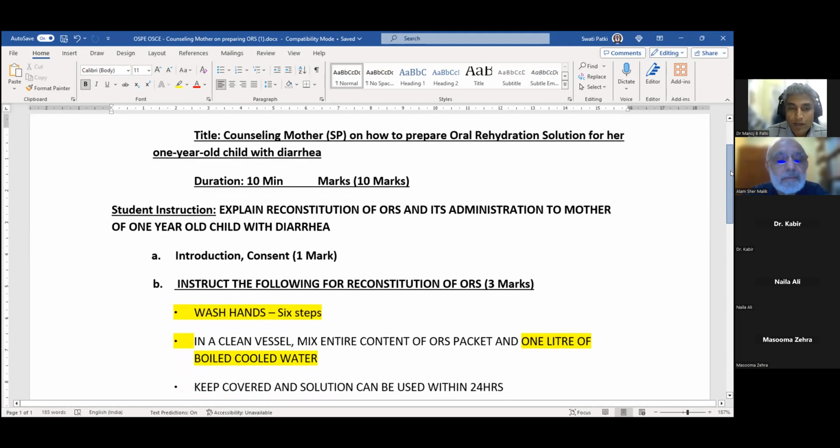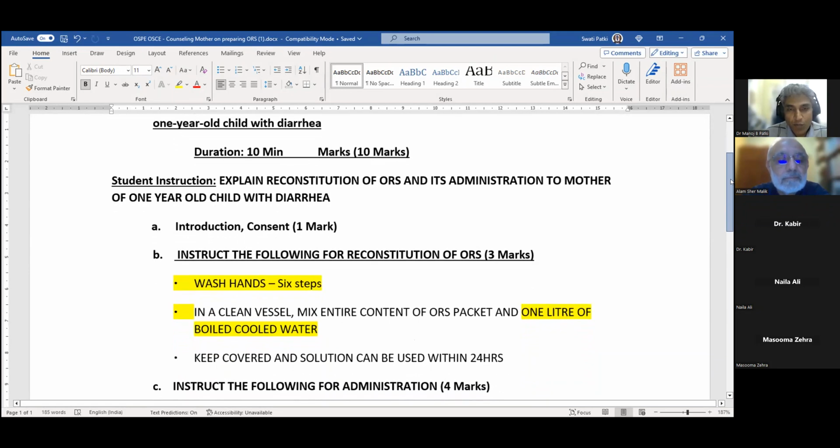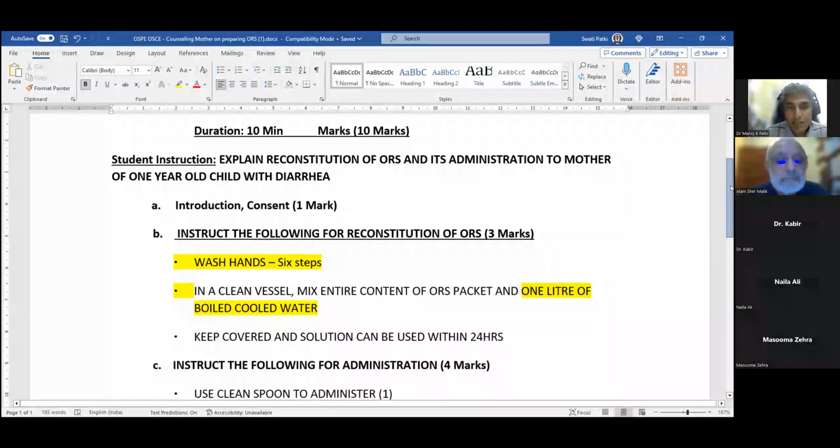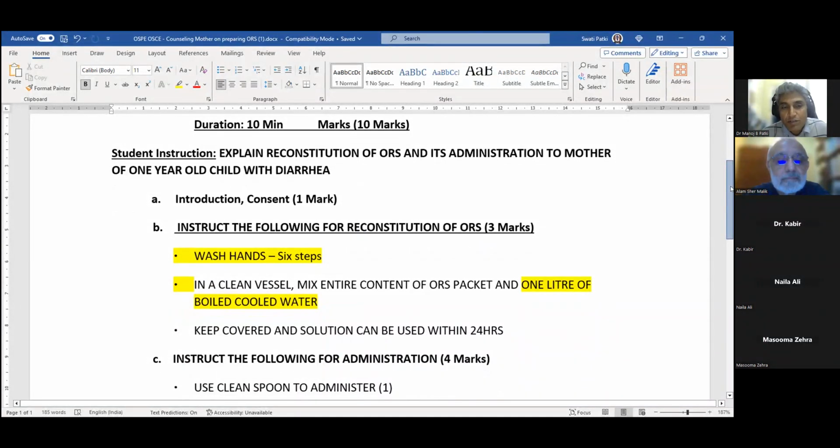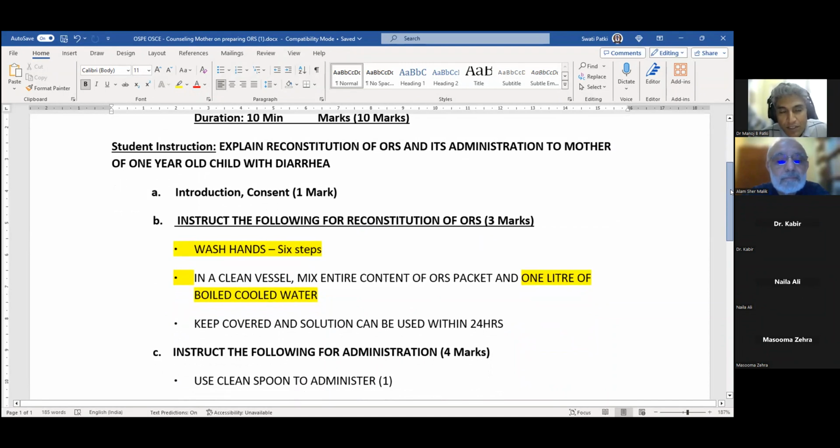Greeting and introduction, consent, 1 mark. The second step is instruction. We have divided it into 4 phases, sir. The second phase is instruction following the reconstitution of the ORS, carrying 3 marks. Washing hands, 6 steps.